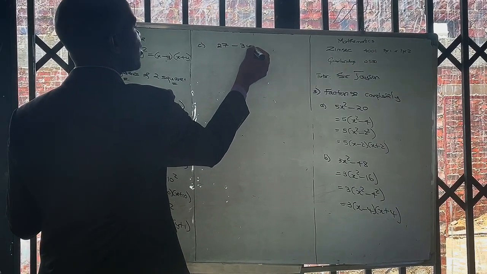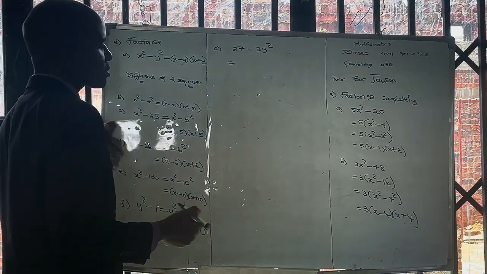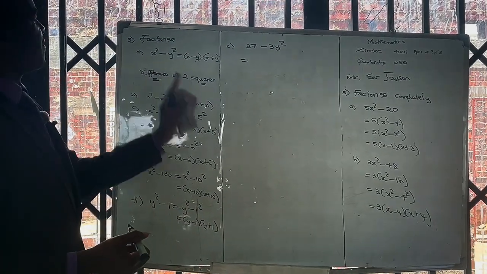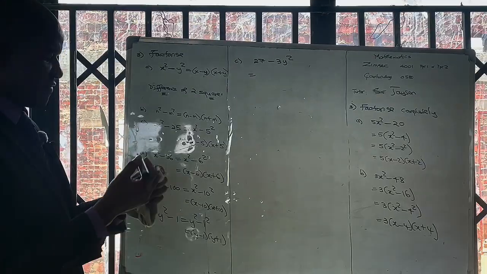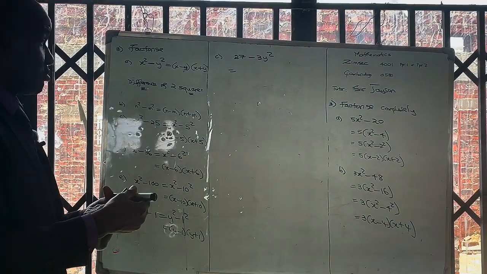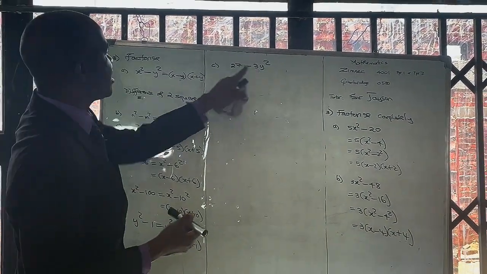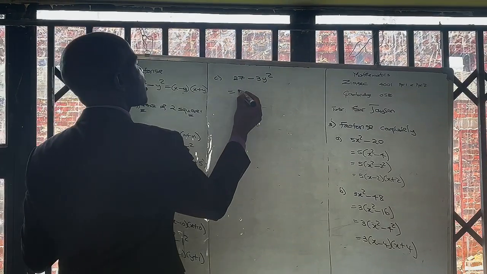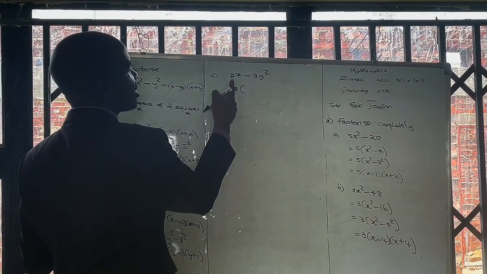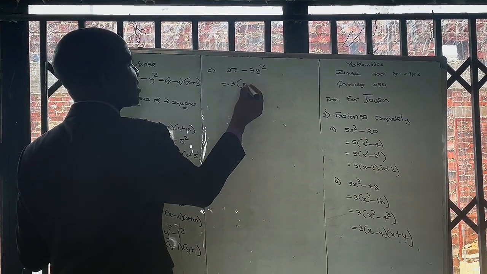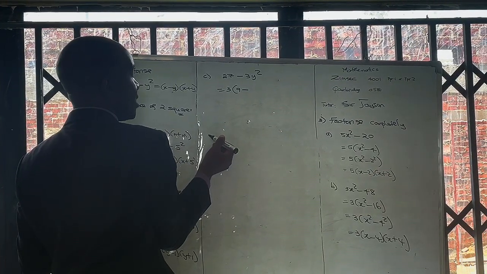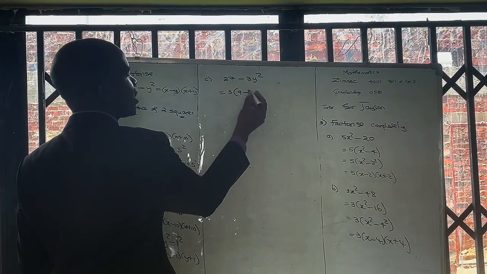27 minus 3y squared. Do we have a square root of 27 as a whole number? We don't. But 3 is a factor of 27. Factor out 3. Now this becomes 27 divided by 3, that's 9, minus y squared.